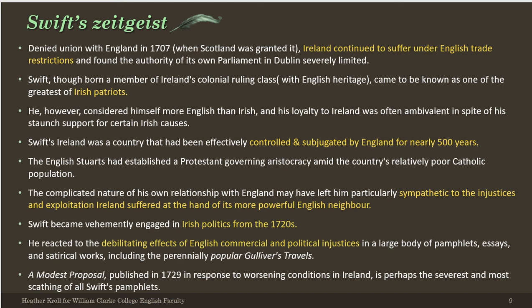So Ireland was denied union with England in 1707 when Scotland was granted union with England. Ireland continued to suffer under English trade restrictions and found the authority of its own parliament in Dublin severely limited. So even into the 1990s, Ireland has really suffered incredibly under the hands of British control.